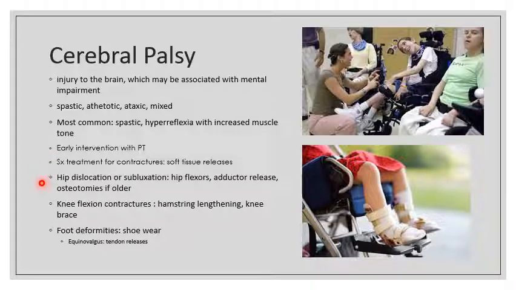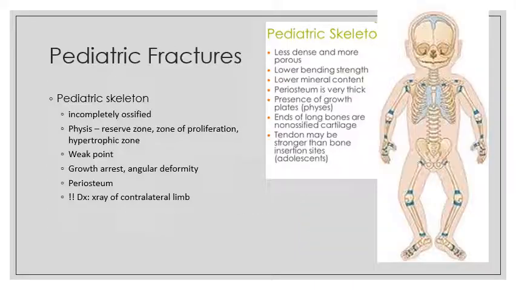We have to watch out for hip dislocation or subluxations, and if this happens, we could do some hip flexor adductor release, osteotomies if older, and for knee flexion contractures, some hamstring lengthening or knee brace. For foot deformity, usually shoe wear modification could address the problem, but in cases with equinovalgus, we tend to do some tendon releases.